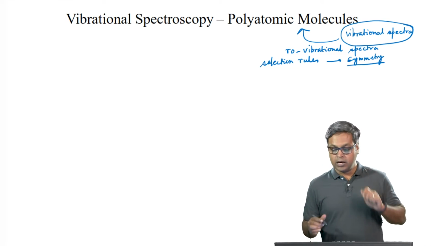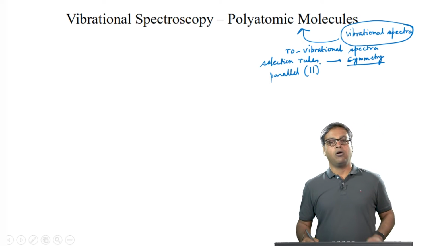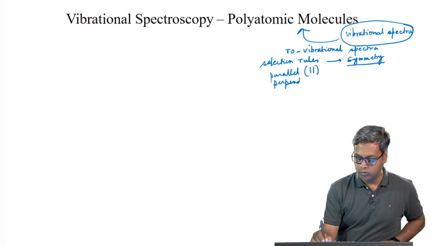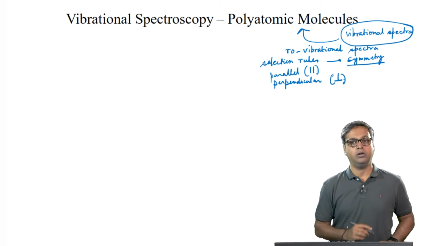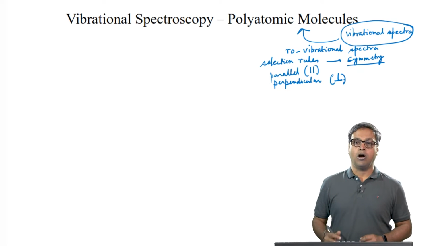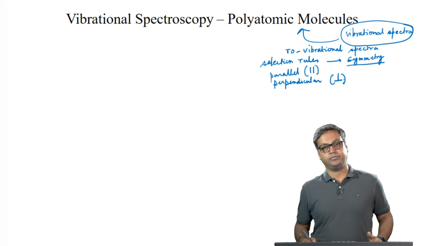If it is parallel, which is shown by this symbol, or perpendicular, which is shown by this symbol. So, whether it is parallel or perpendicular of the particular vibration that the molecule is undergoing.